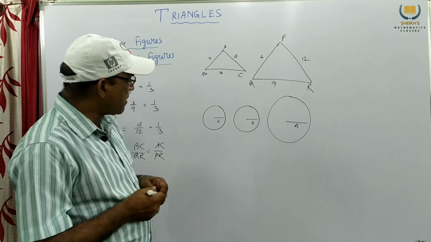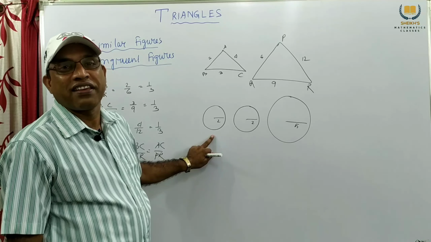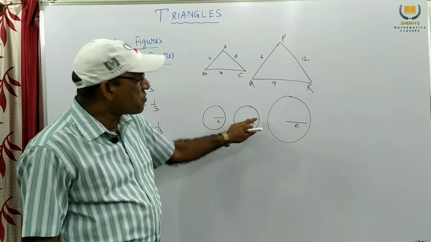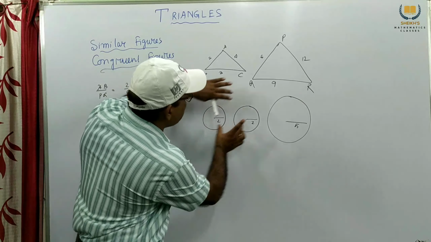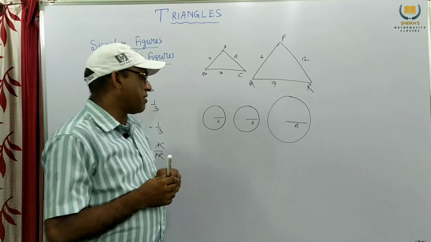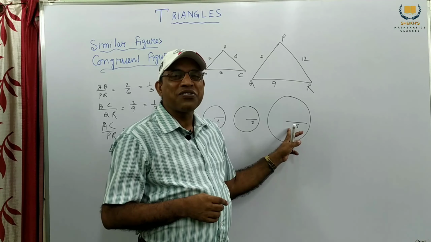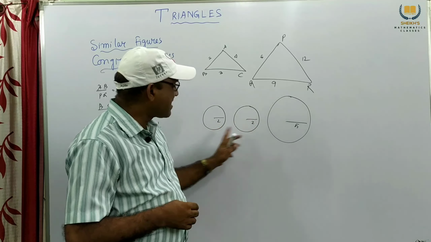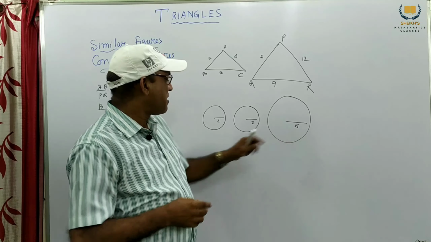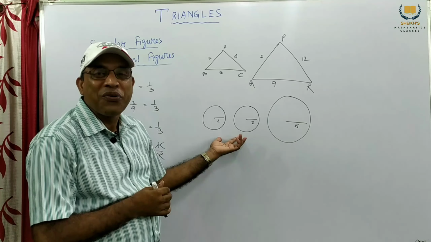So what we conclude, these two figures are called congruent because these two are equal. If we take this one and put it here, then all the circumferences are equal. But this is small, this is greater, these two are called similar. This and this similar, this and this similar, but these two figures are called congruent.